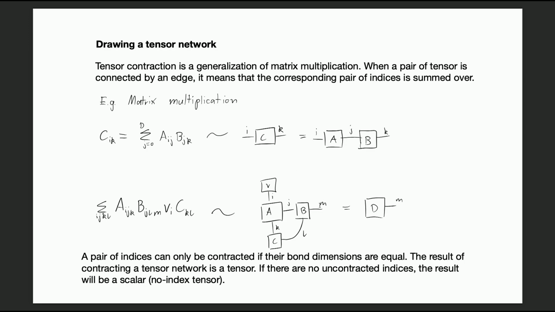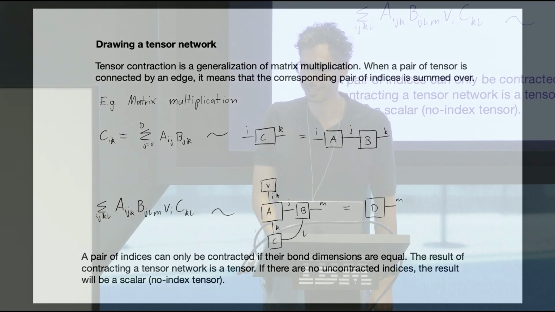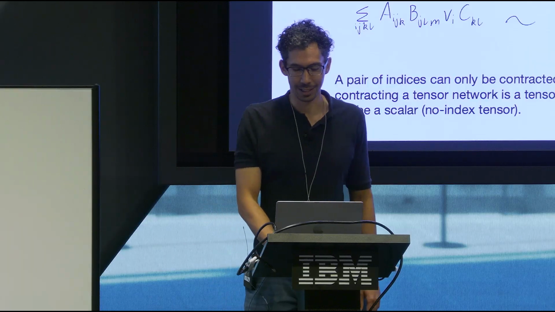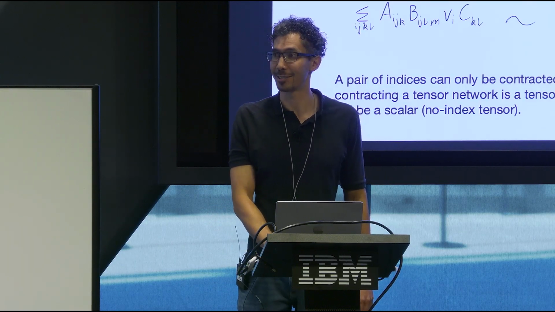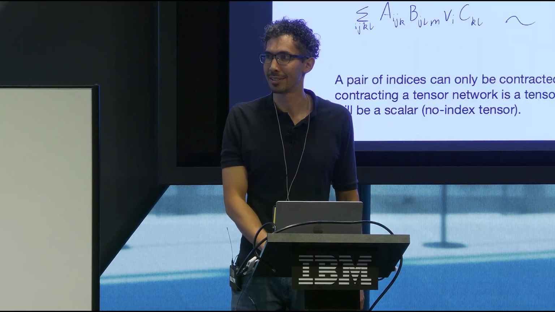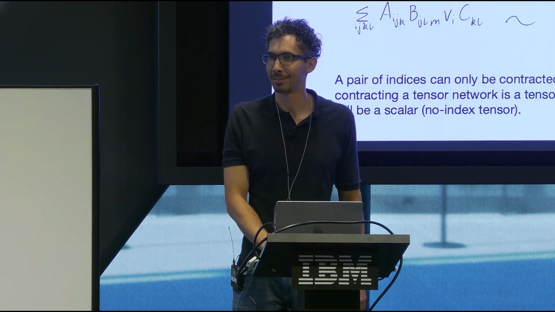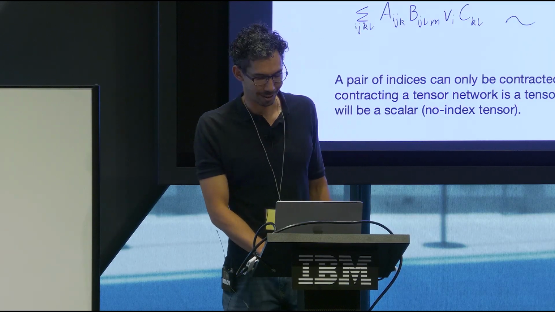The result of a contraction like this is always itself a tensor, and the number of indices on that resulting tensor is going to be the number of uncontracted indices. Yeah? Is it fair to say that tensor contraction is really just a restatement of Einstein's summation notation? Yeah, I think that's fair enough.